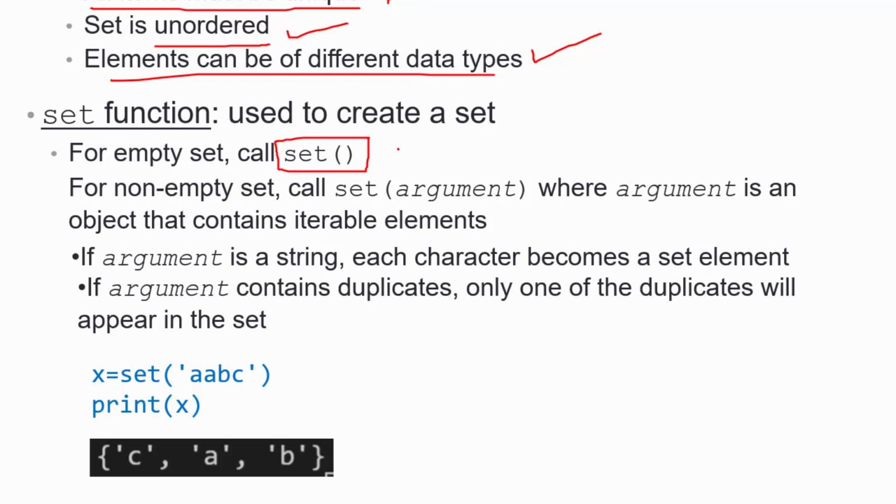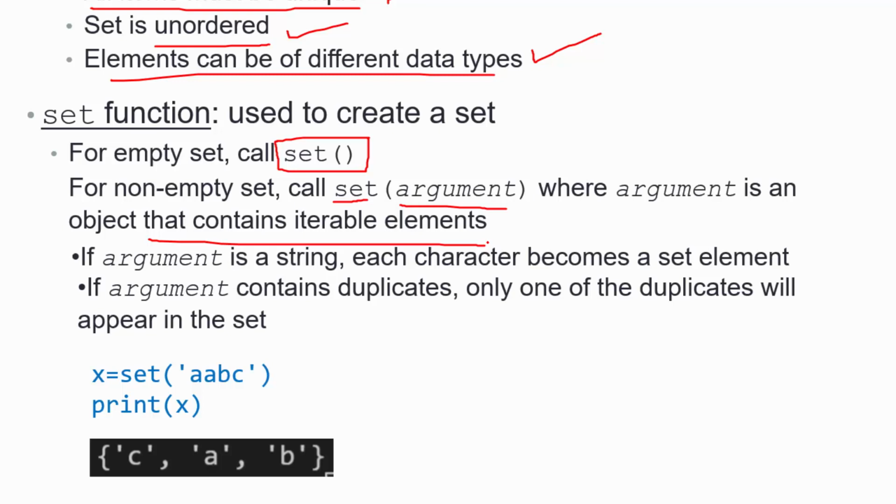If you have some data that you want to put in a set, you can say set and give an argument here. However, the argument must contain some kind of iterable elements.